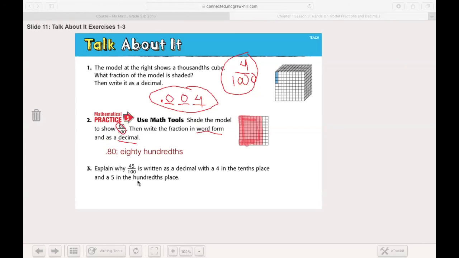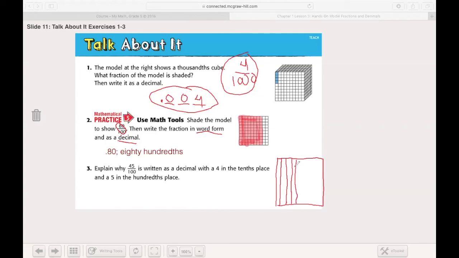Okay, number 3. Explain why 45 over 100, 45 hundredths, is written as a decimal with a 4 in the tenths place and a 5 in the hundredths place. This is the same as it was here. Because if I have a hundredths model with 45 of the squares shaded in, that means I'm going to have 4 whole columns shaded in.